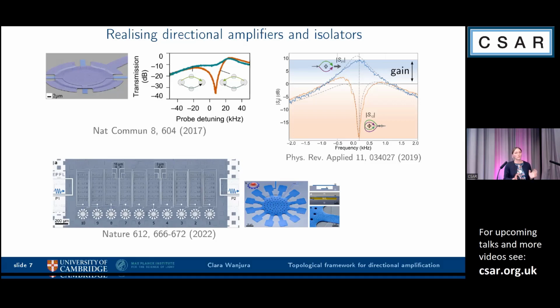So this is something you wouldn't want to put on a quantum chip, also because the magnetic fields are quite harmful for quantum computers. So this is why in this case you will need a different approach, and it's very important to understand the mechanisms at play, and our topological framework now also gives us a handle to come up with new designs, for instance, for such isolators in this context. Yeah, thank you.